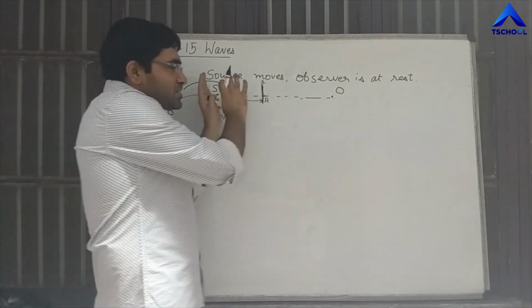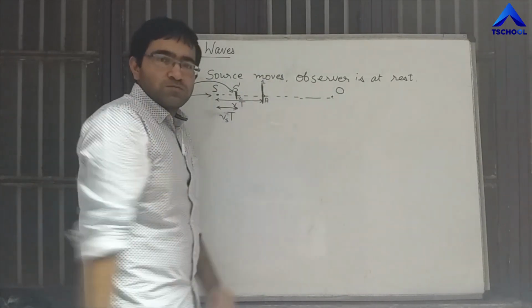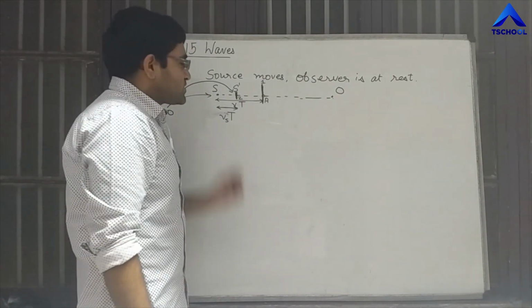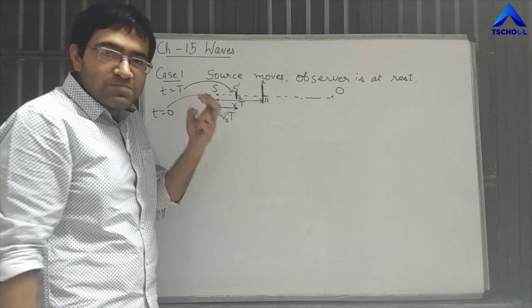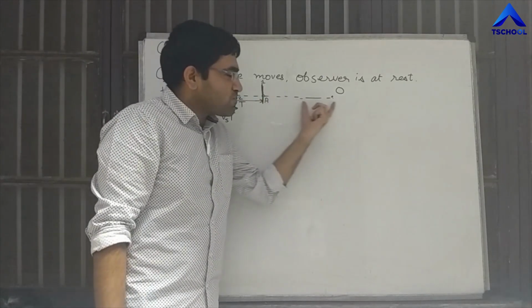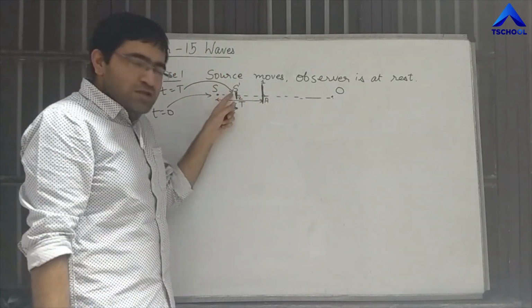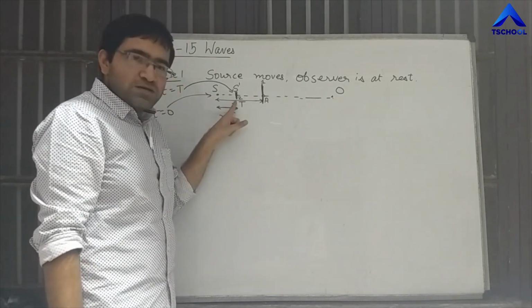Now these crests are going to travel towards the observer with speed v, the speed of sound. So both of these crests are going to move towards O. The source will still move, no problem with that. We are talking about these crests, right?